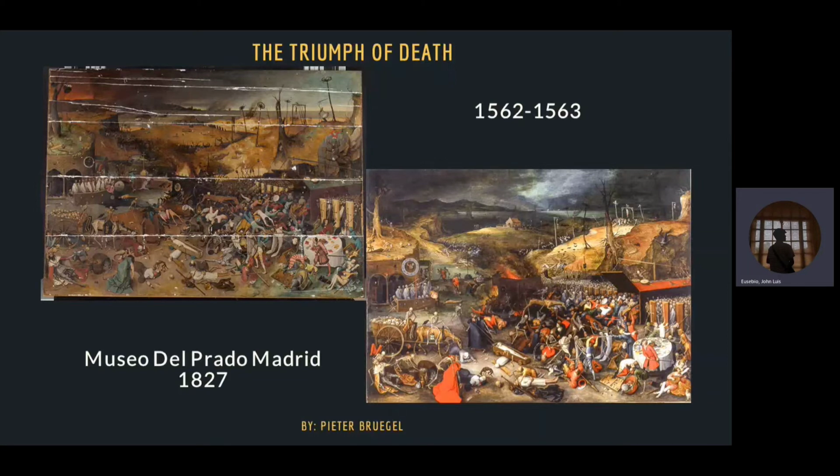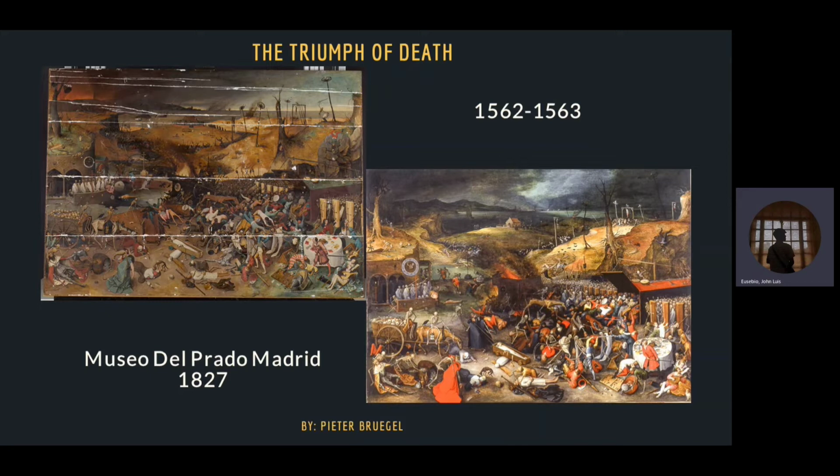The Triumph of Death has regained its stability and original color. The Museo del Prado presented Pieter Bruegel's The Triumph of Death in recent years following the painting's successful restoration. The restoration of the painting was undertaken by Maria Antonia Lopez and Jose del Puente, and The Triumph of Death is now finally back to its original state.